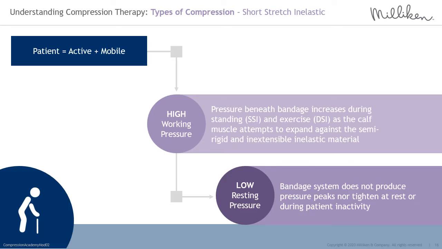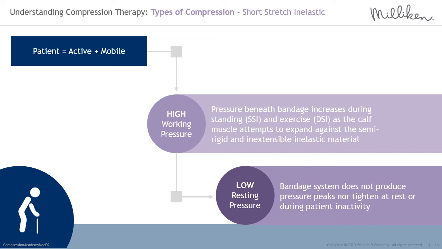Short stretch or inelastic materials are usually positioned for patients who are active and mobile, for those who are able to work with the bandage to generate peak pressures through material resistance, often positioned as being less suited to the inactive patient or those unable to dorsiflex or have a fixed ankle joint. Short stretch bandages deliver high working pressures and lower resting pressures, working when the patient works and resting when the patient is at rest.